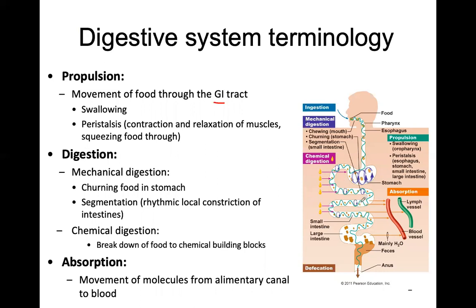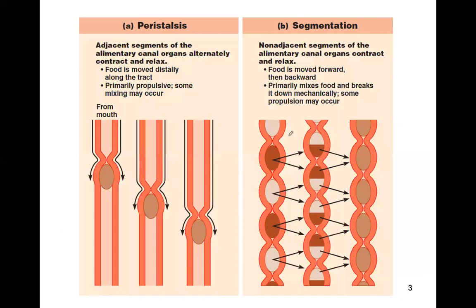The food is almost all broken down, and you'll see later on why that is. But limit the segmentation process and churning, which is part of digestion, to the stomach as well as the small intestine.